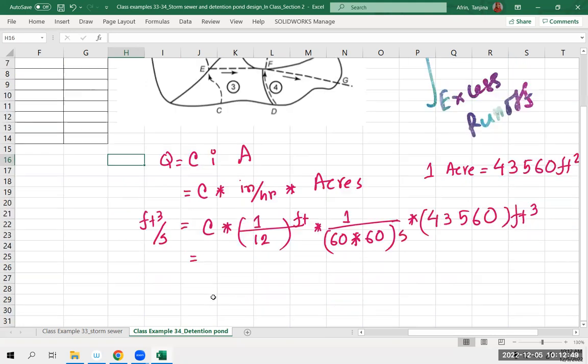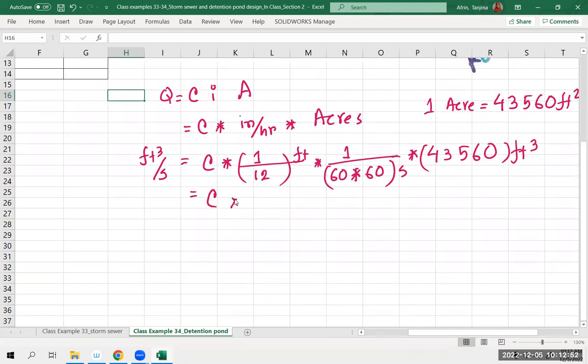Now, what is that number? Can you tell me that? What is that number?